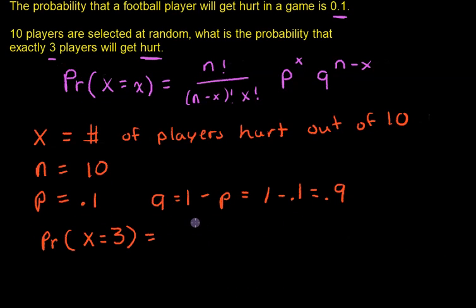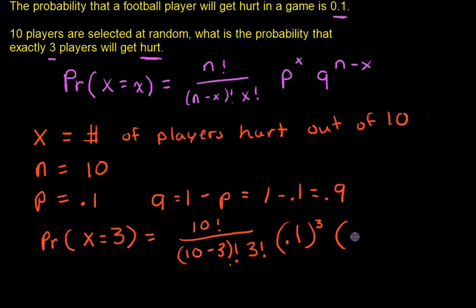So this equals 10 factorial, n factorial, over n minus x, so 10 minus 3 factorial, times x factorial, that'll be 3 factorial, and then p, 0.1 raised to the power of x, 3, then q, which is 0.9, raised to the power n minus x, which is 10 minus 3. Let's simplify this a little bit.